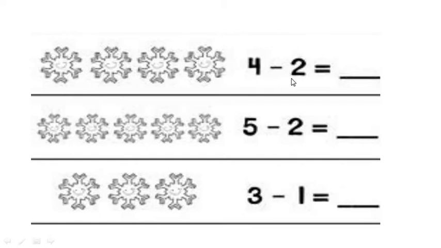4 minus 2. So what should we do now? Now you all have become familiar with subtraction. We should cross out 2 objects out of the given 4 objects.